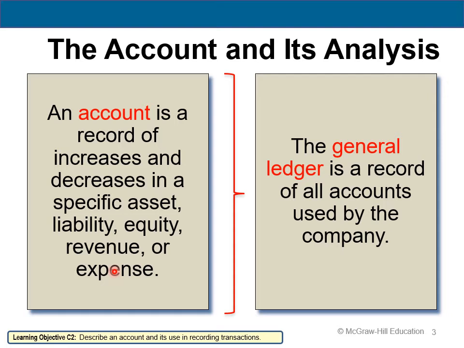Basically a system of increases and decreases in specified account types. At any given moment, the general ledger, or GL, is a record of every single account in the system of accounting for a particular company.